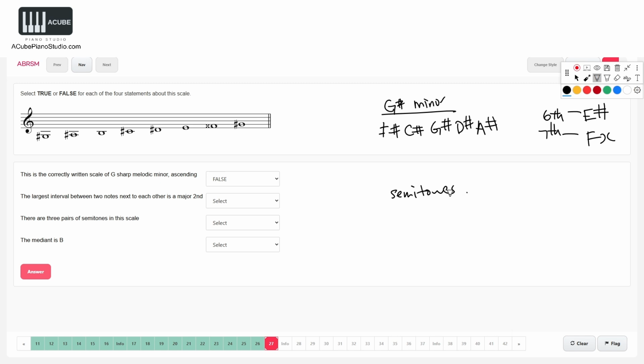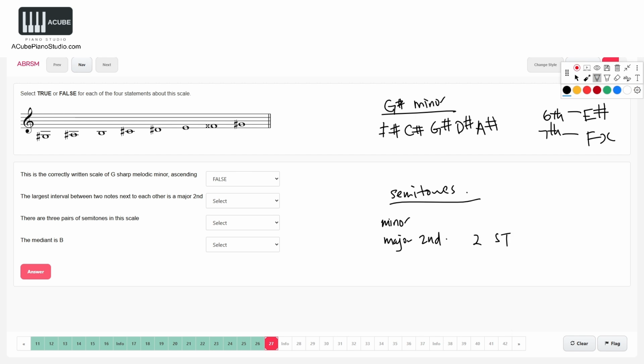For this type of questions, for 2nd, 3rd, and 5th, usually I ask students to memorize the number of semitones. For 2nd, if you have major 2nd, the number of semitones is 2 semitones.